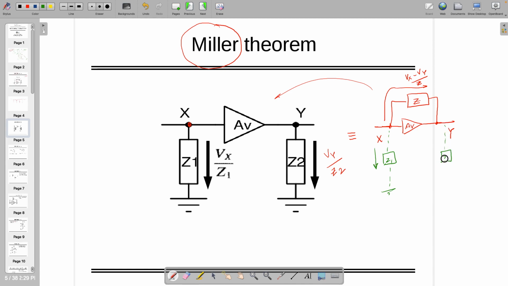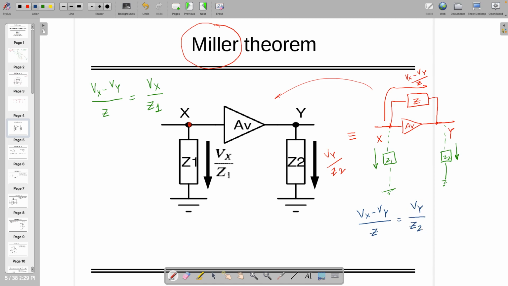That is what Miller has seen: the current flowing through this one and this one has to be the same, and the same way for this one and this one. So Vx minus Vy divided by Z is equal to Vx by Z1, and at the same time Vx minus Vy by Z is equal to Vy by Z2.